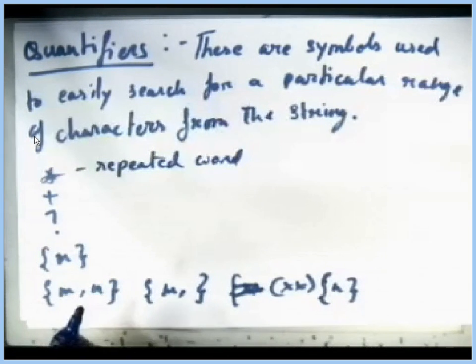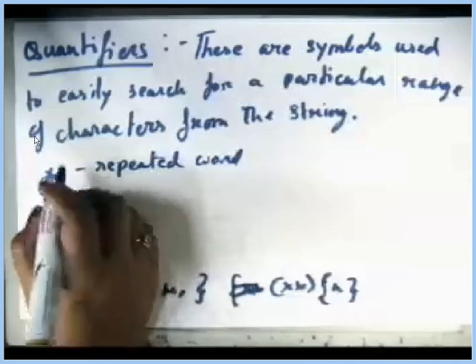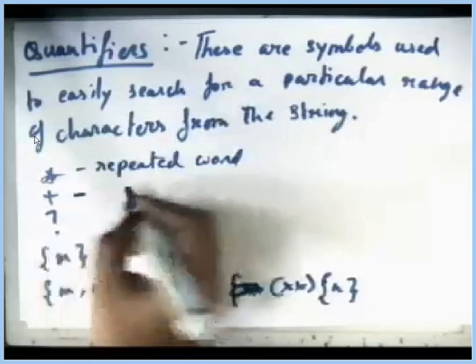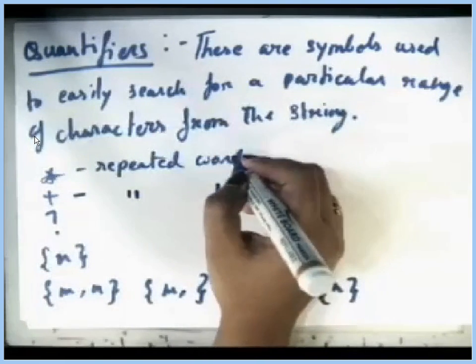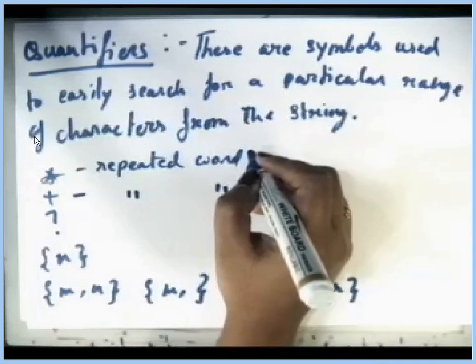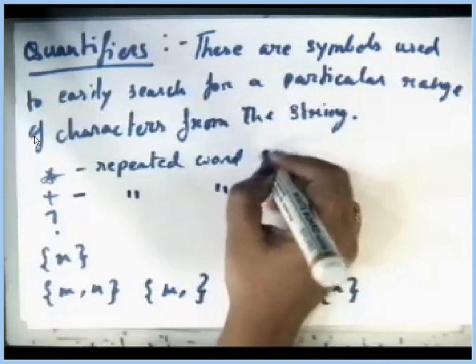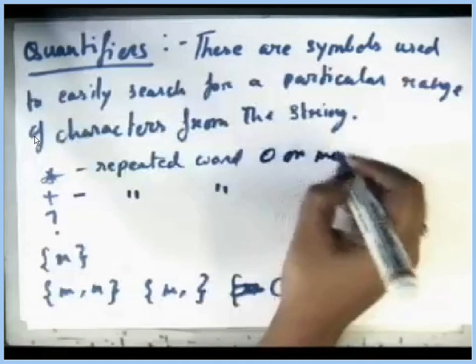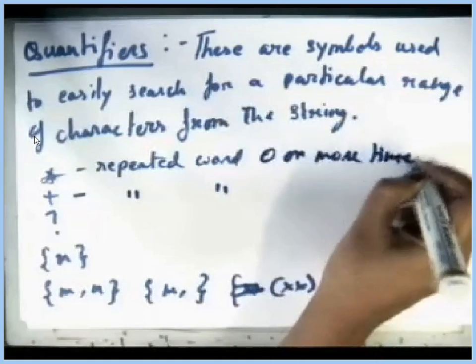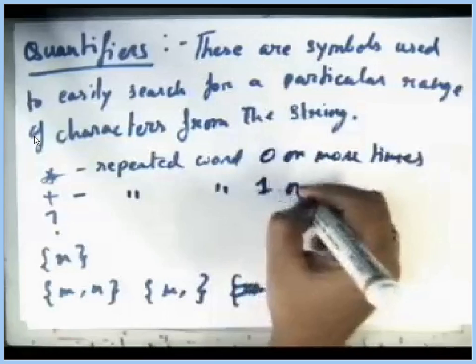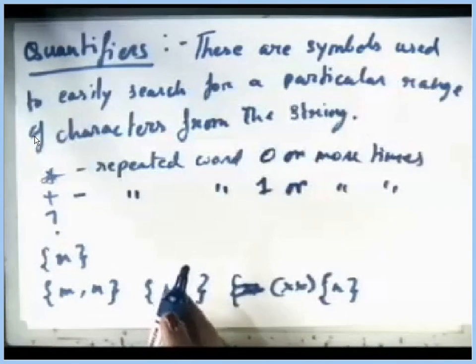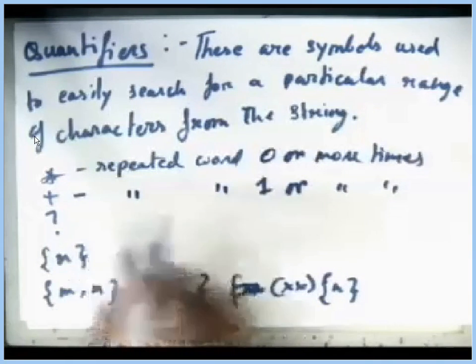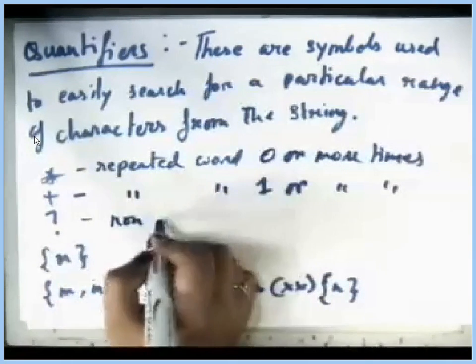Plus will also be used for repeated words, but for plus this will be 1 or more times. Minimum 1 time it has to be repeated if you are using plus. And if you are using question mark, not repeated at all.